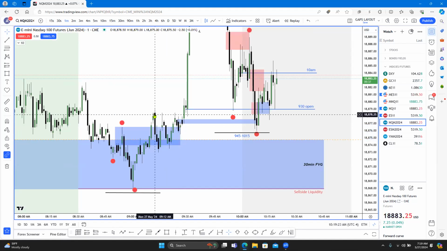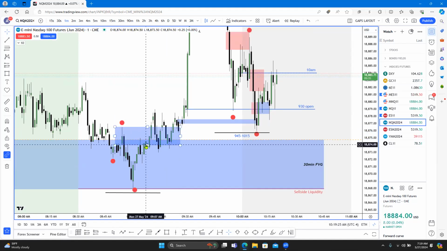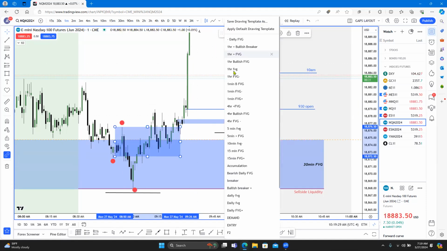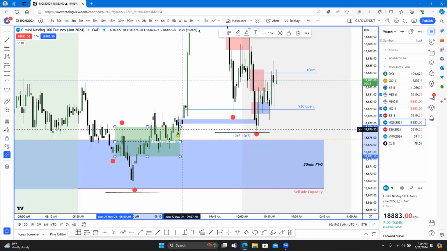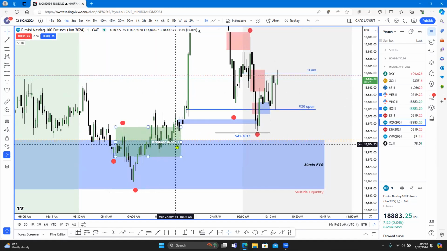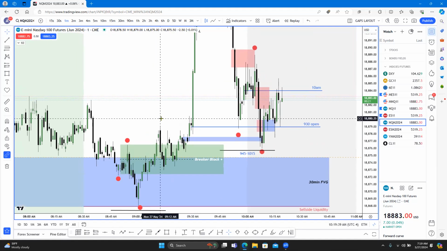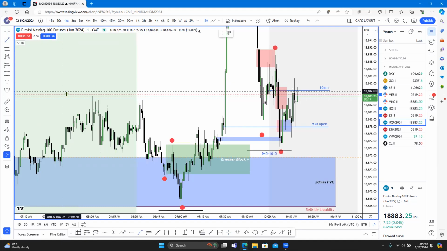We close above it here. These two up close candles, bullish breaker, dip back into it. So any gaps in here, you can be a buyer towards this short-term buy side.